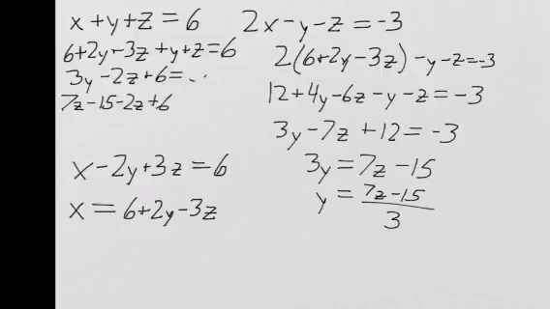And why did I put a 0 there? That should be a 6. So now let's go ahead and combine our like terms here. So I get 5z minus 9 is equal to 6. Adding 9 to both sides, 5z is equal to 15. So z is equal to 3.